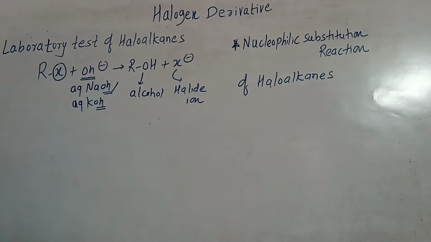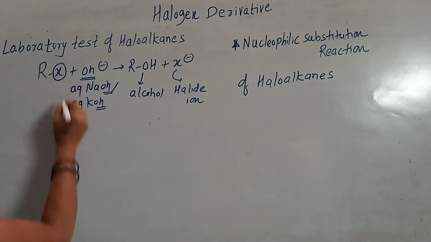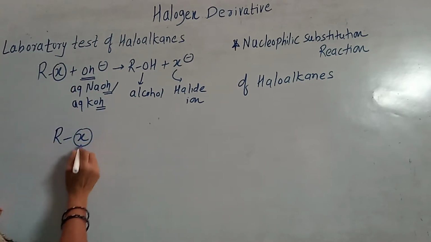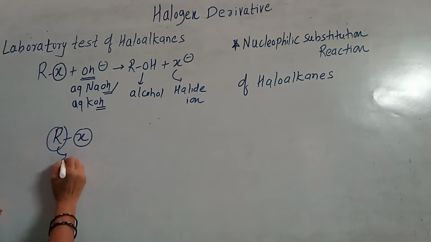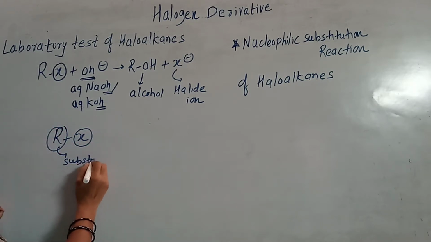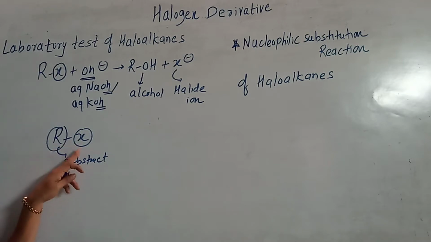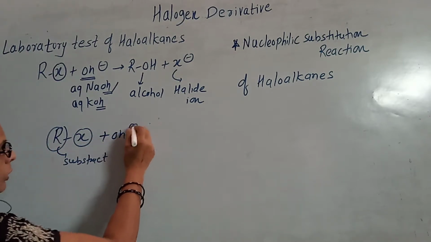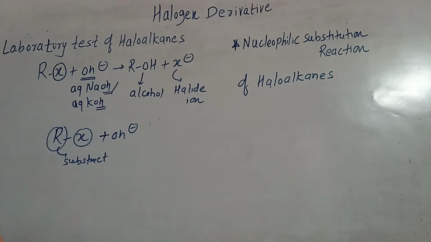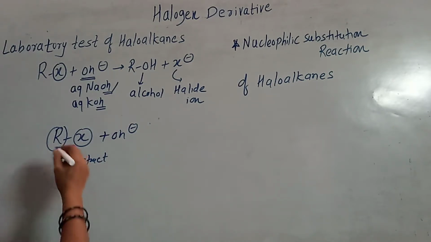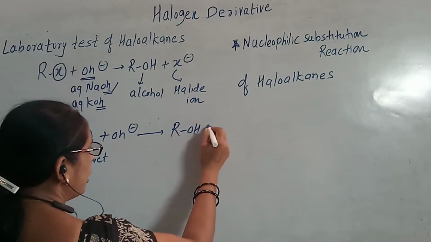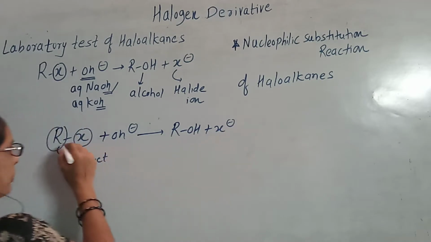A substitution reaction is a reaction in which the halide ion from the substrate, or any atom or group of atoms from the substrate, is replaced by another atom or group of atoms without changing the hybridization of the carbon atom.